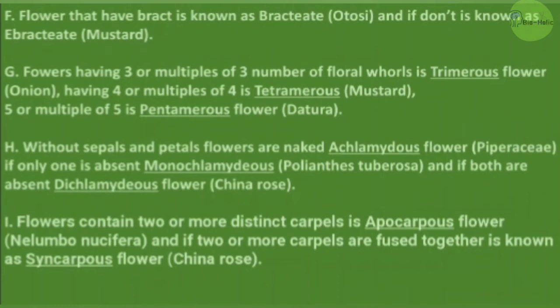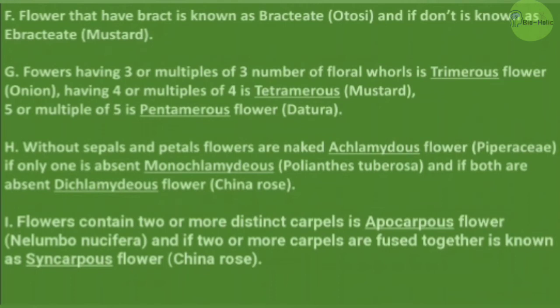There are also many other types. The flowers that have bract is known as bracteate, and if don't is known as ebracteate. Flowers having 3 or multiples of 3 number of floral whorls is trimerous, and if have 4 or multiple of 4 it is tetramerous, and if 5 or multiple of 5 it is pentamerous flower.